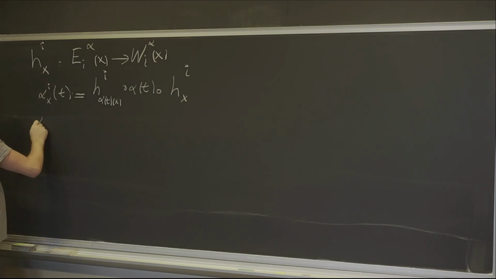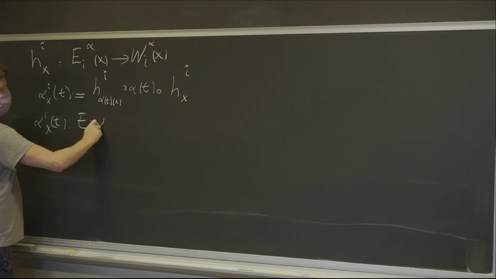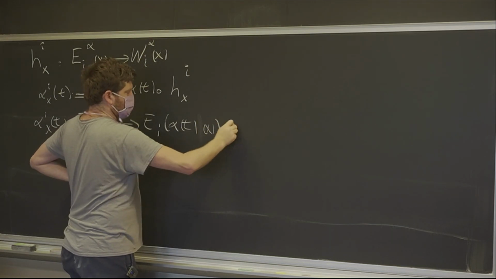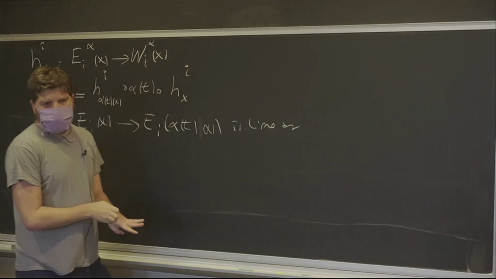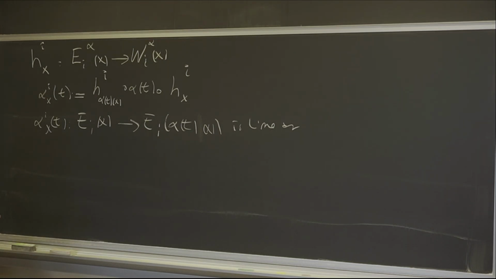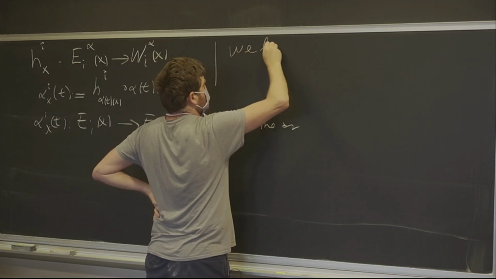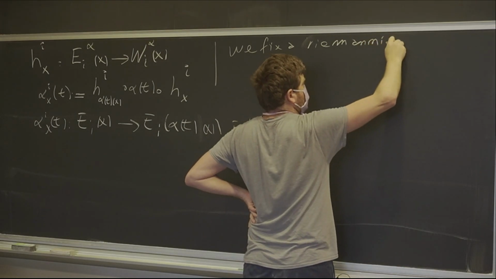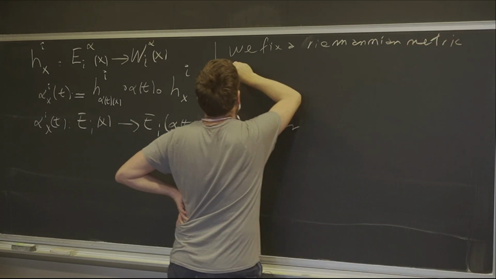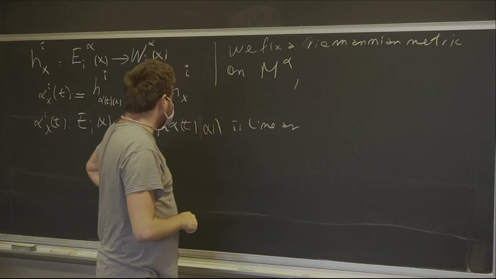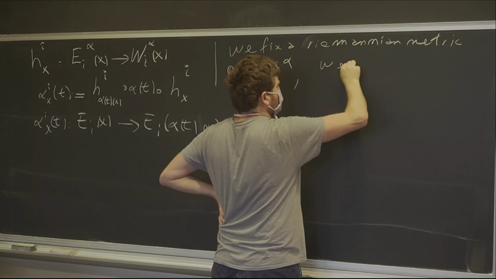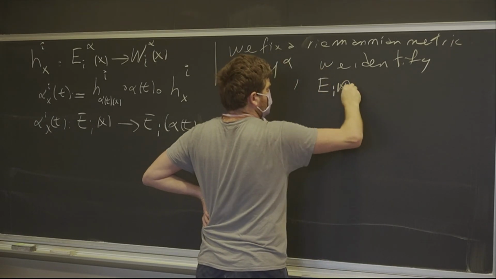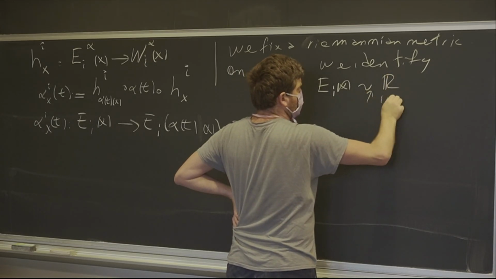So this guy, which goes from, is linear, and as I said, we fix a Riemannian metric on M alpha, and we identify EIX with R, so isometric.